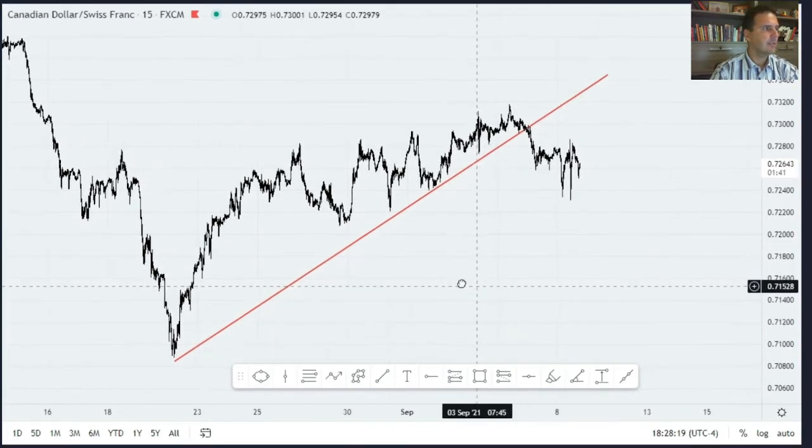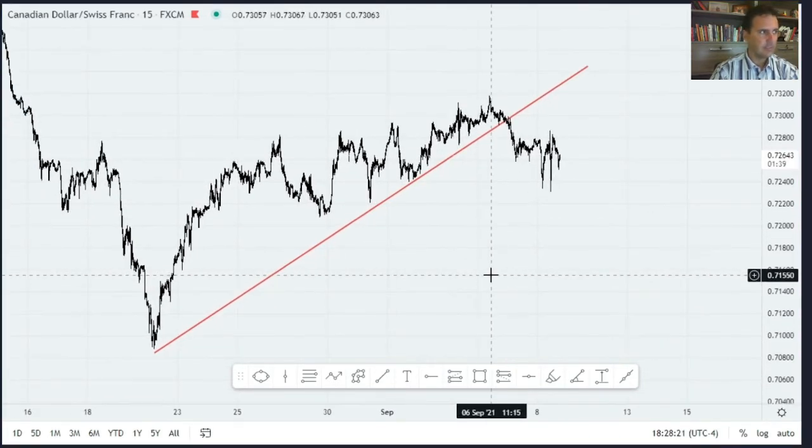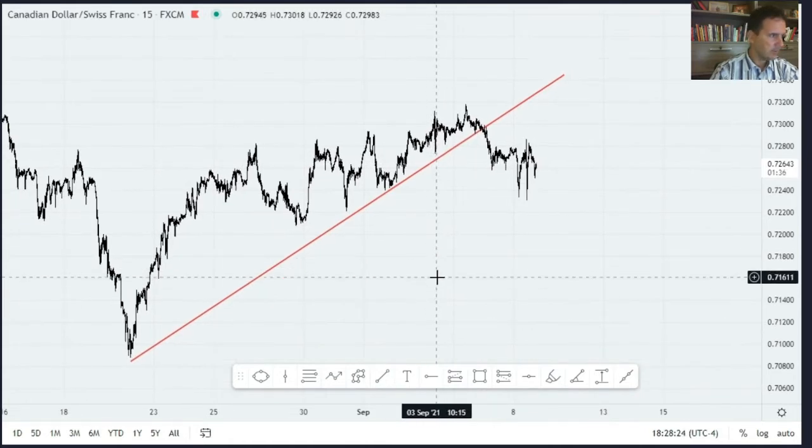So a trend line is a tool that confirms the trend, agreed?